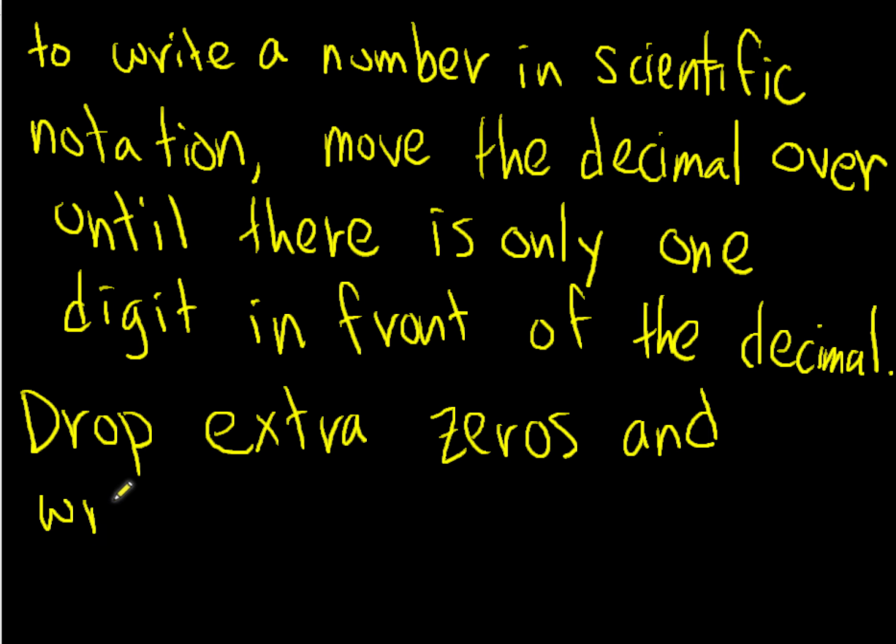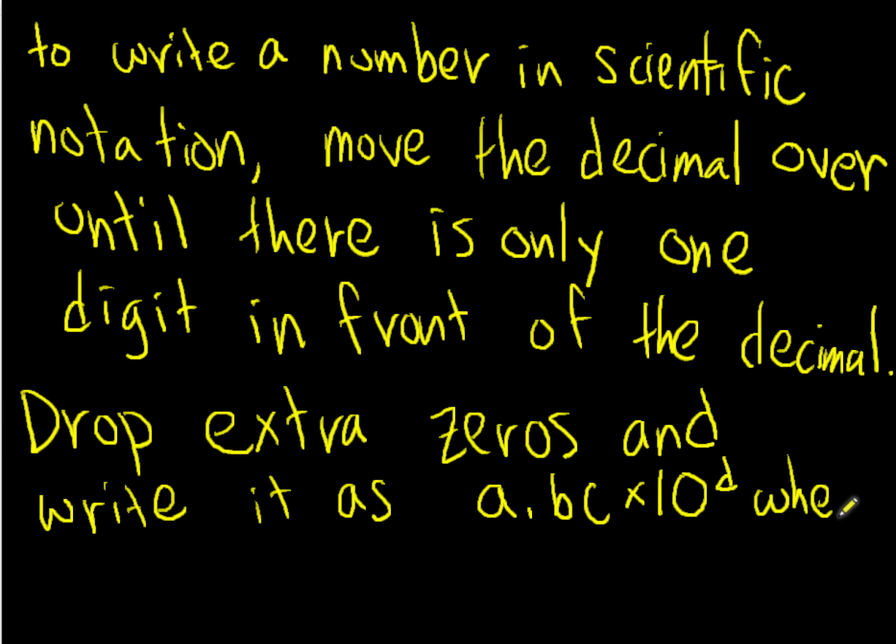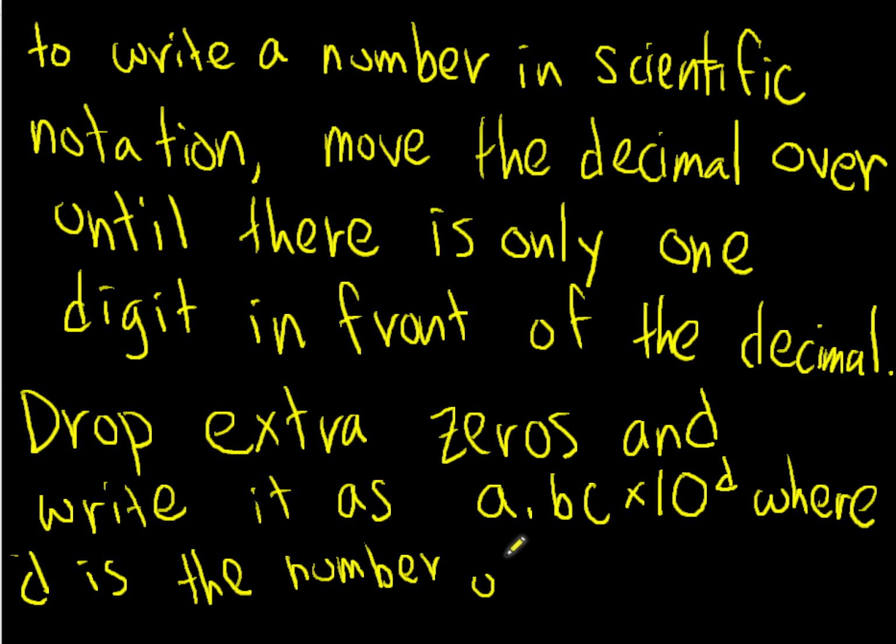So drop the extra zeros and write it as A.BC times 10 to the D, where D is the number of places you move the decimal.